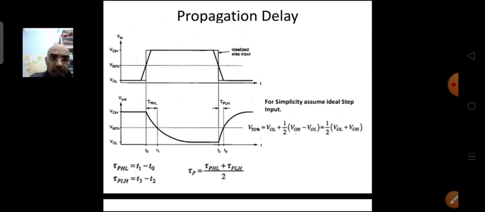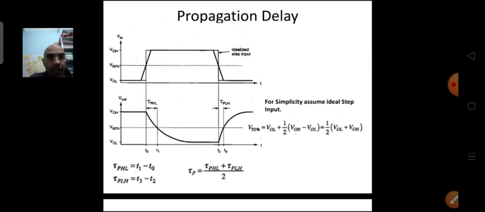Similarly, on the rising edge, if you denote the same 50% points of the input and output as T2 and T3, then you can determine tau PLH as T3 minus T2 as well. But if you want to determine these things theoretically, then we can determine them by some formulas as well.